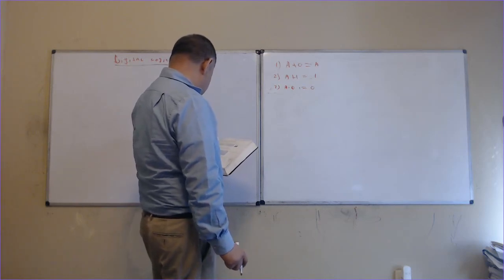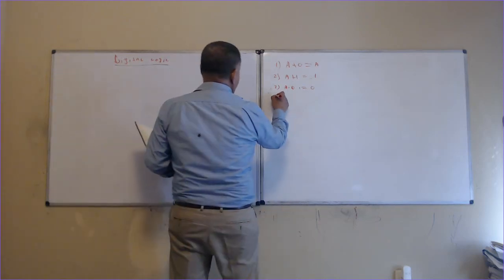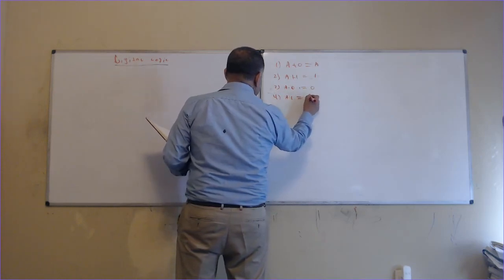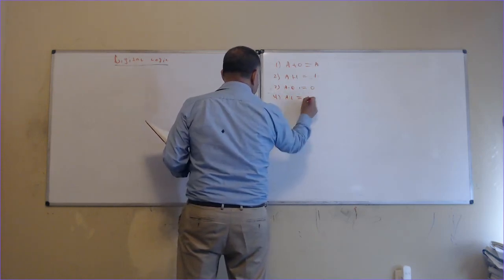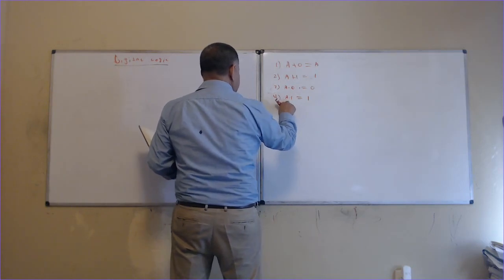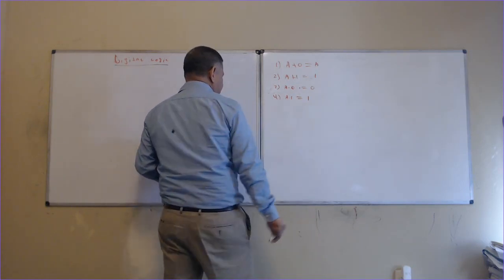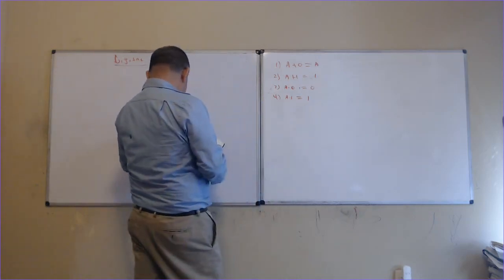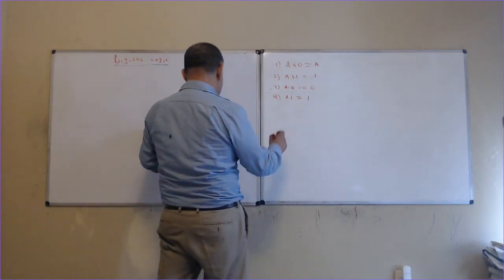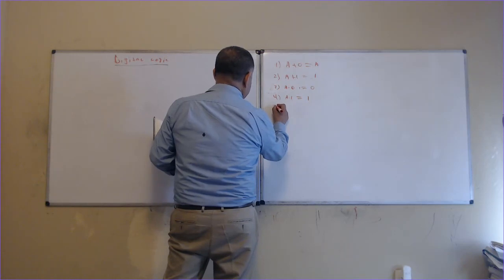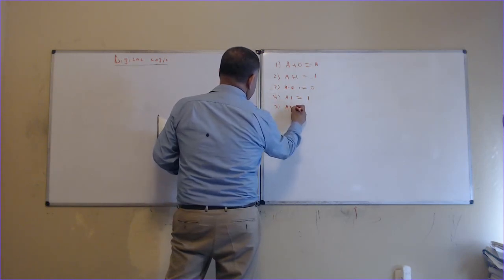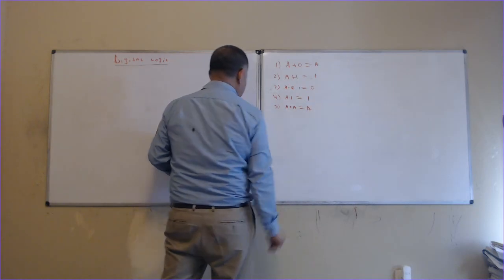And then the next one is a multiplied by one is equal to a, right? If a was one, this is equal to one. Rule five is going to be a plus a is equal to a, right?